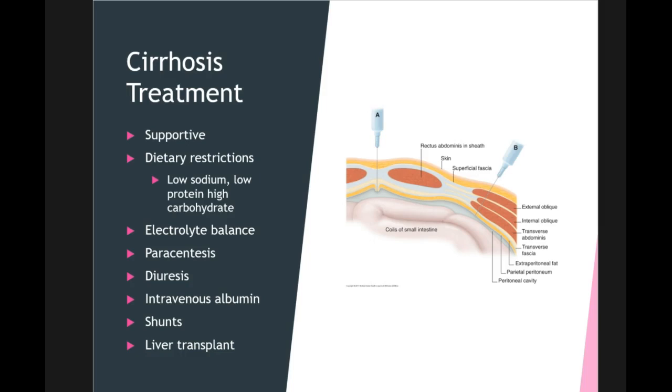One treatment that can prove useful in reducing the portal hypertension is a portocaval shunt. And then ultimately, depending on the extent of the cirrhosis, a liver transplant is another option, depending on where they're at in the disease process.